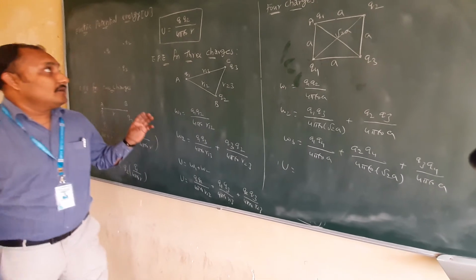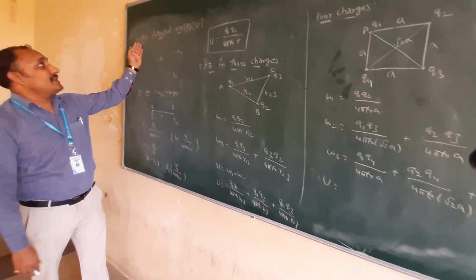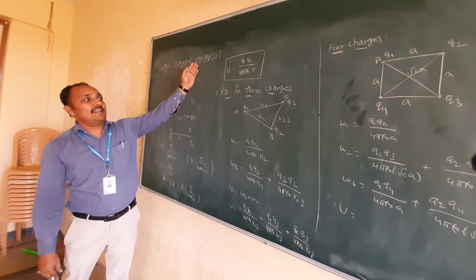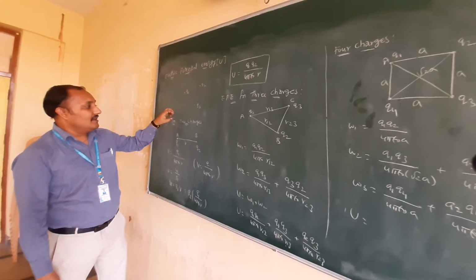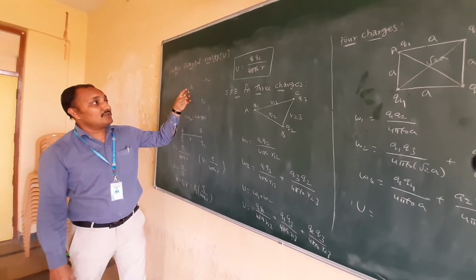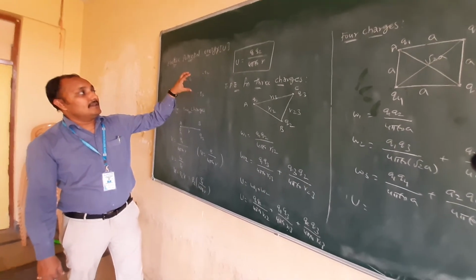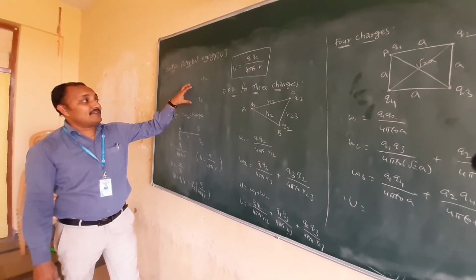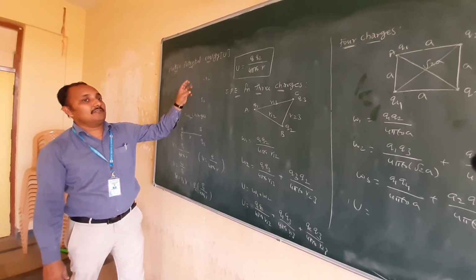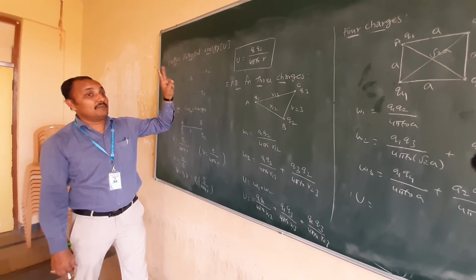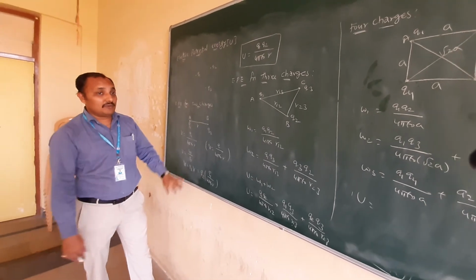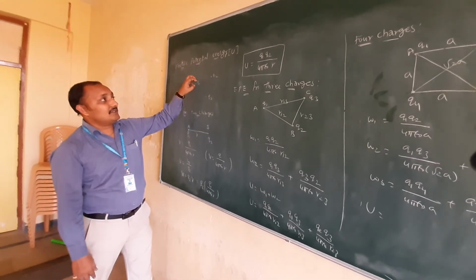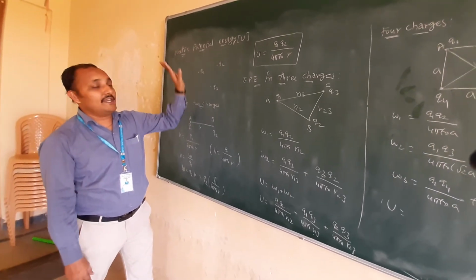Today in this session we discussed electrostatic potential energy, like in first PU: the amount of work done to assemble a system of charges. System of charges means some people will take 2, some 3, but the minimum is 2 charges. For one charge, we don't need to do any work.